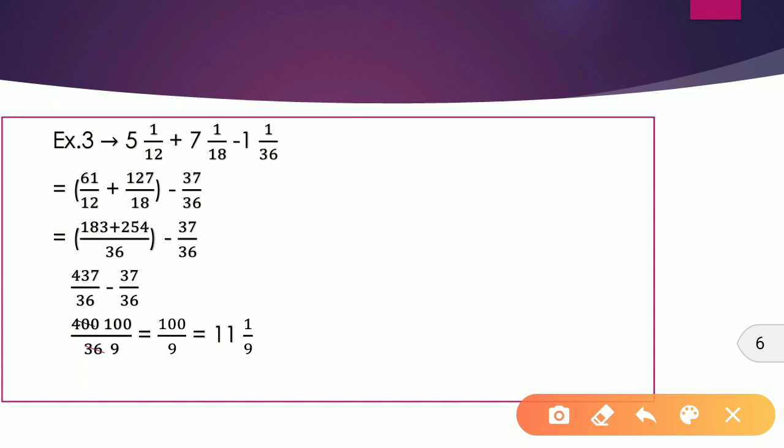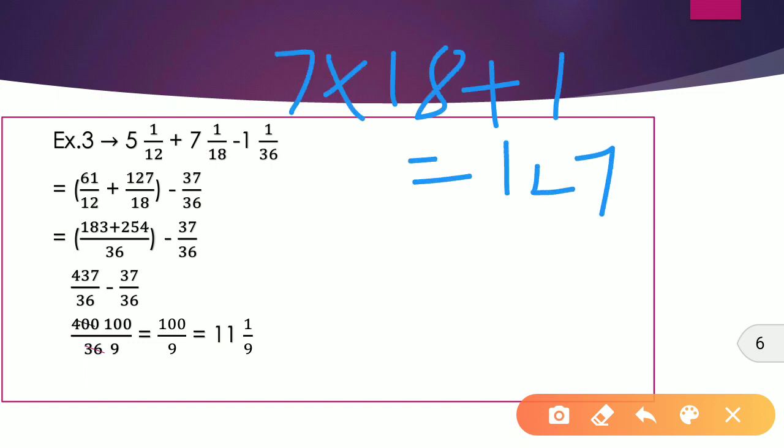So first you convert these mixed fractions into simple fractions. 5 into 12 plus 1 gives you 61 by 12. Then plus 7 whole 1 by 18 means 7 into 18 plus 1 gives you 127 upon 18. Then minus 1 whole 1 by 36 gives you 37 by 36.